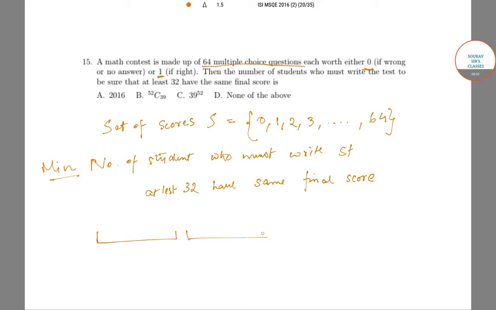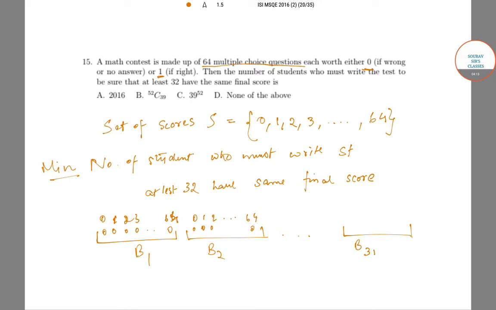Suppose we have boxes B1, B2 up to B31. Suppose we have 31 boxes, each box with 0, 1, 2, 3 up to 64.